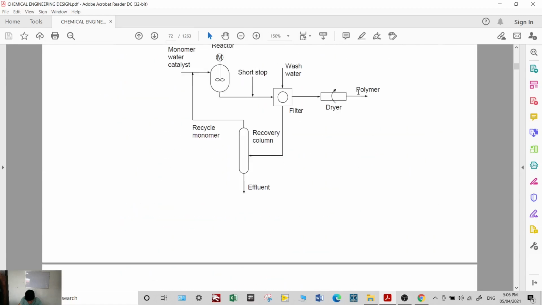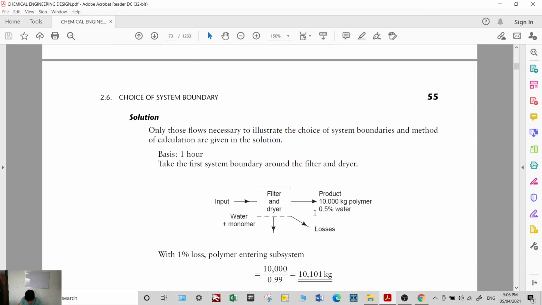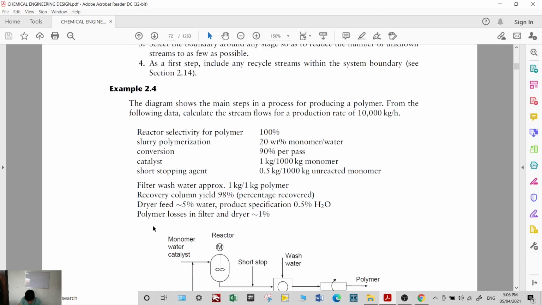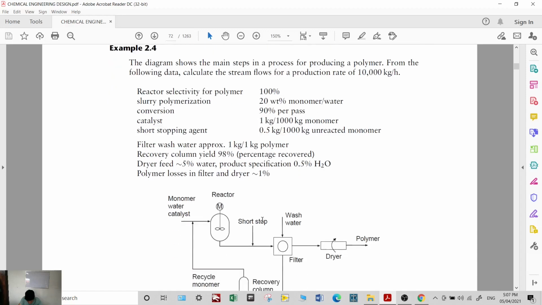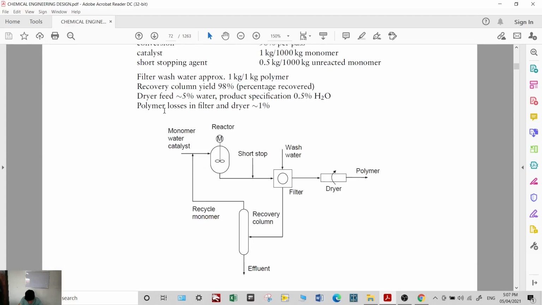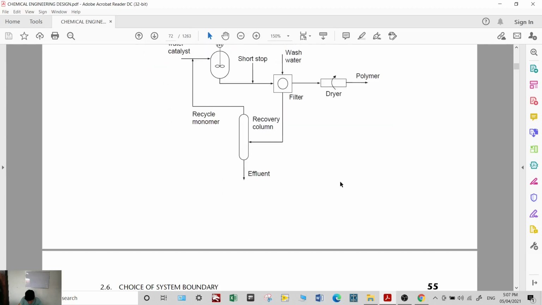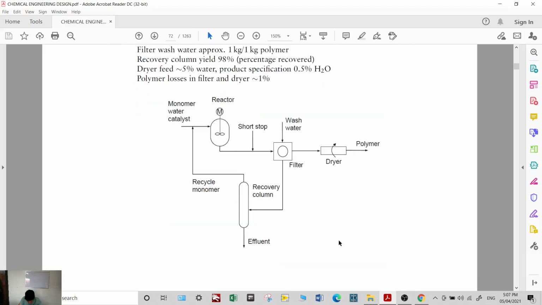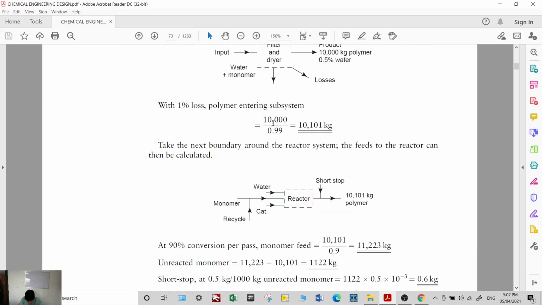Okay, so starting with the product side. Now, for your product, there is a loss of 1%. You can see this: polymer loss in filter and dryer is 1%. So when the polymer enters here, 1% of the polymer will be lost. Therefore, if the output is 10,000, you need to feed more to reach 10,000. So you just divide 10,000 by 0.99.